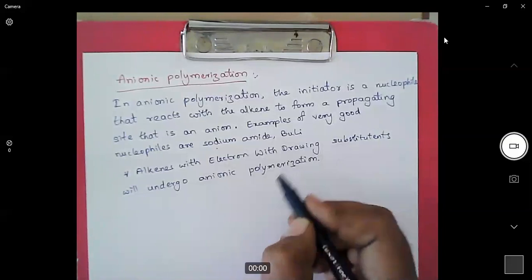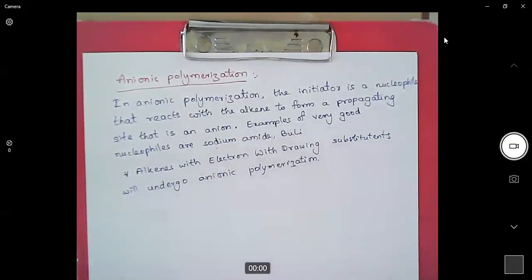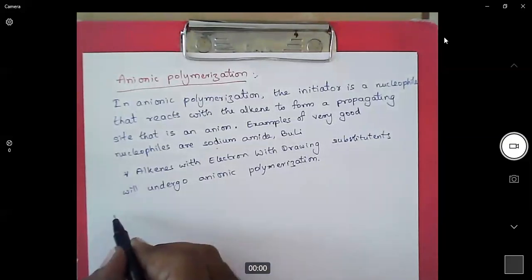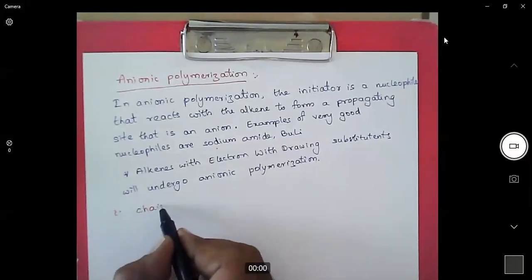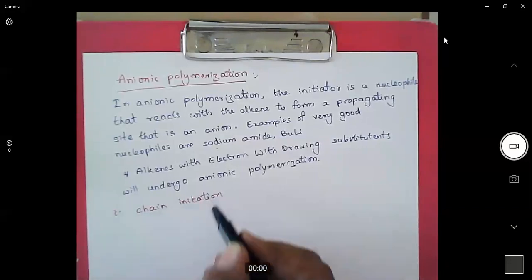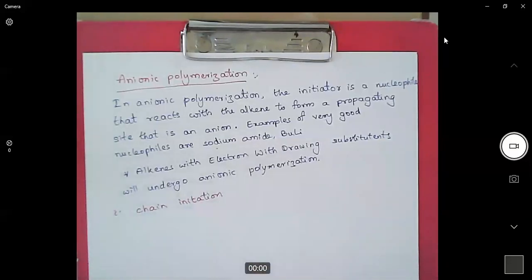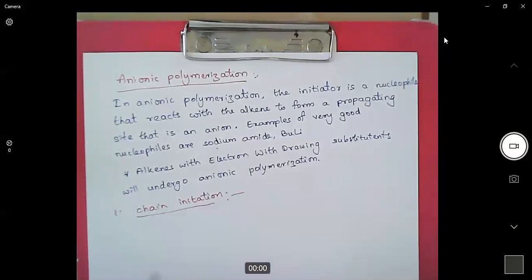So that is why alkenes with electron withdrawing substituents will easily undergo anionic polymerization. Again, anionic polymerization has three steps in its mechanism: chain initiation, chain propagation, and chain termination. Of course, this time I'm not going to discuss the notes. You write the notes on your own.